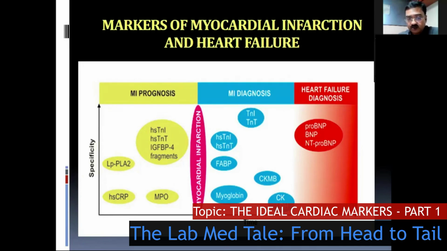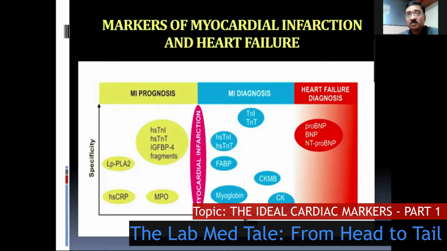The markers which definitely say a cardiac injury has happened and there is a possibility of MI are called MI diagnostic markers. These are cardiac troponin I, troponin T, fatty acid binding protein, myoglobin, CKMB, LDH, and AST. They are the diagnostic markers.